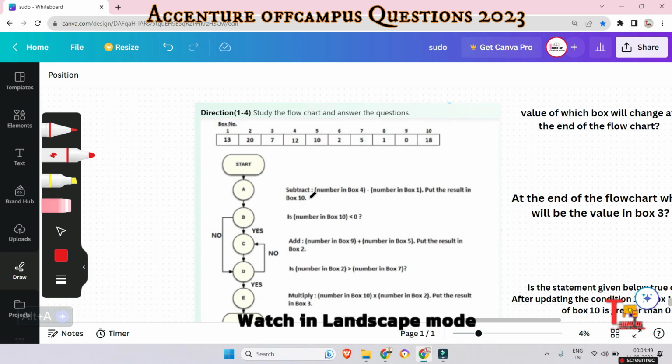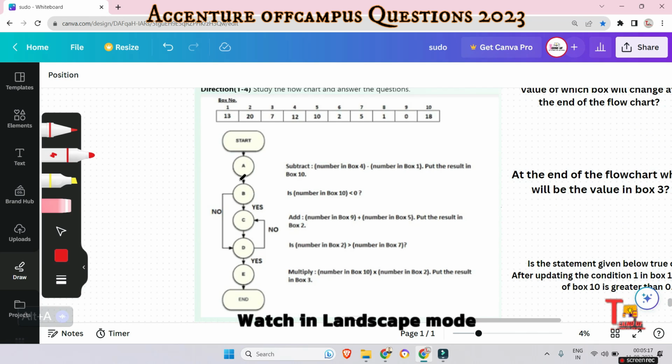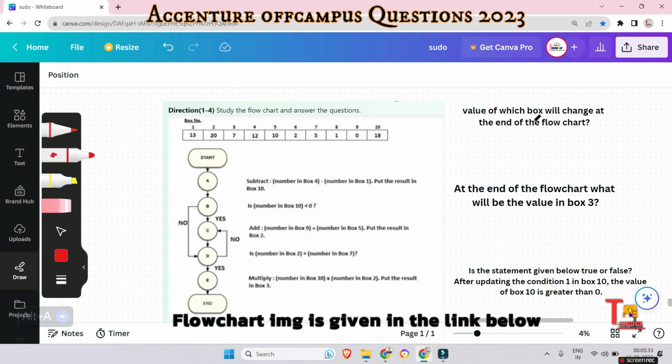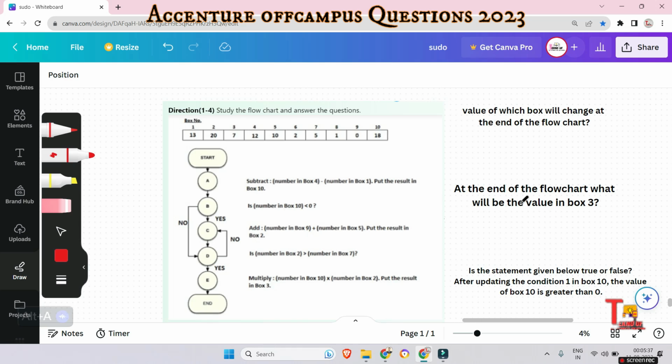So the first question is this. There are some instructions here. At first, read the question because it will be easier for you to solve the problem. It is asking which box's value will change at the end of the flowchart. At the end of the flowchart, what will be the value in box 3?